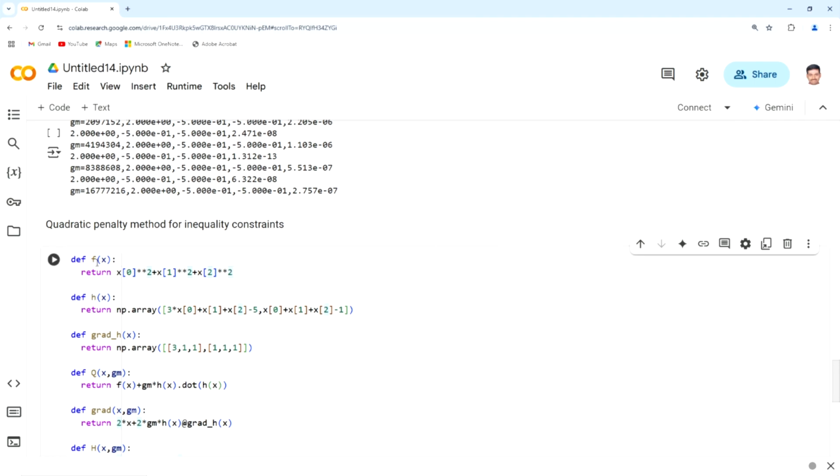So, f of x is half into, so I write it as 0.5 into x of 0 minus 3 the whole squared plus 0.5 into x of 1 minus 2 the whole squared. And g of x is what we are representing for inequality constraints.